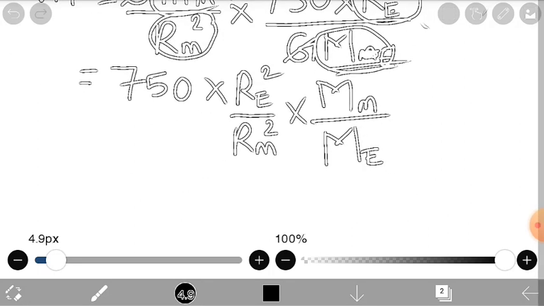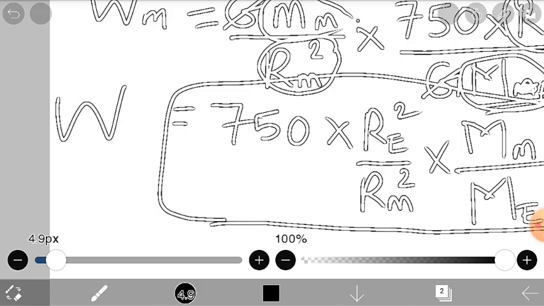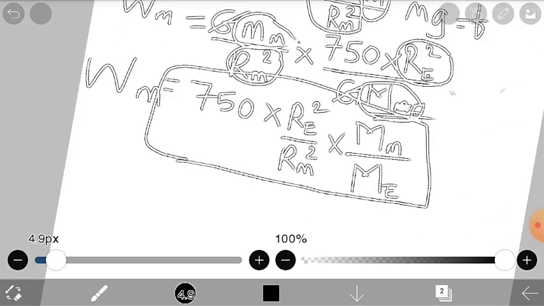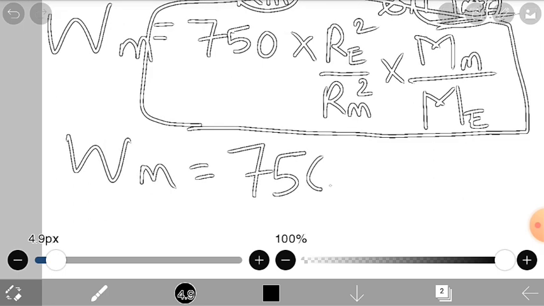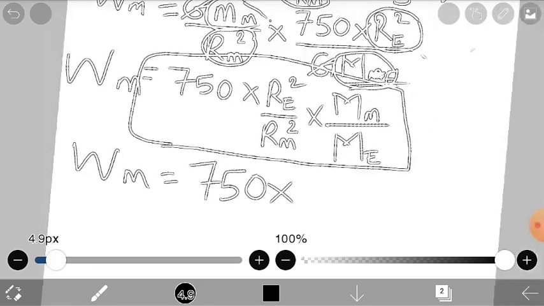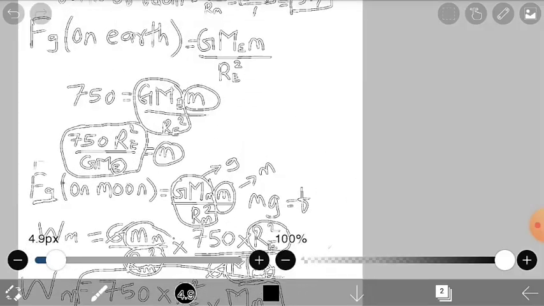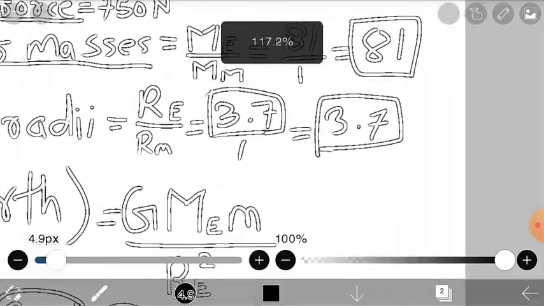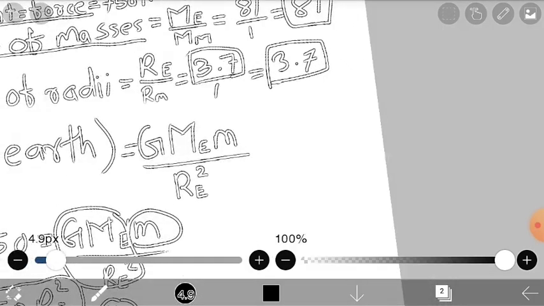So when we put values in this equation, we will finally get the weight on the surface of moon of that person. Therefore weight on moon equals 750 into radius of earth square upon radius of moon square. But we have written that ratio here. Radius of earth and radius of moon, that is 3.7.